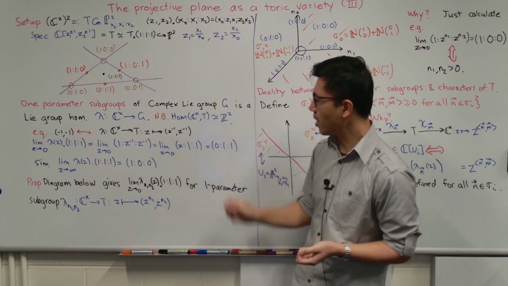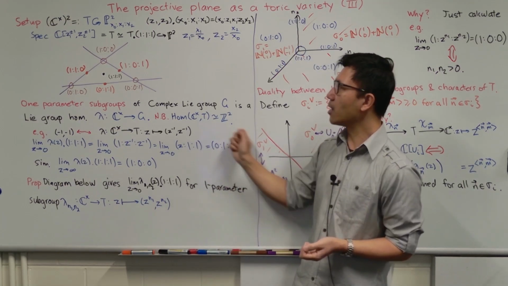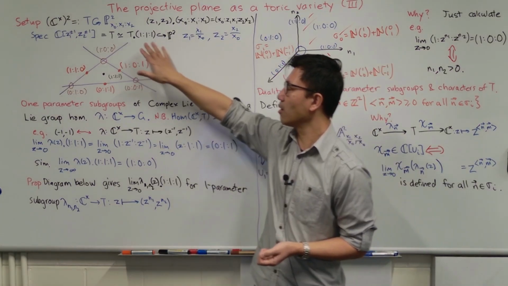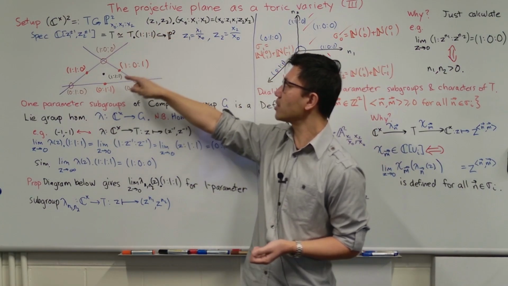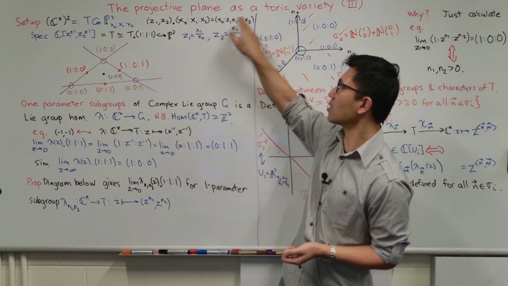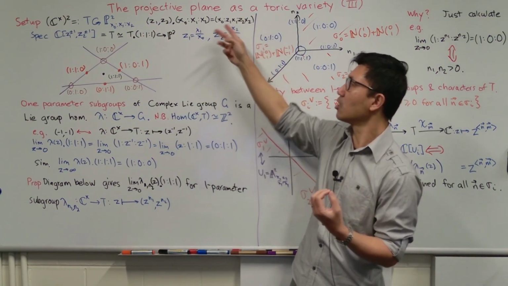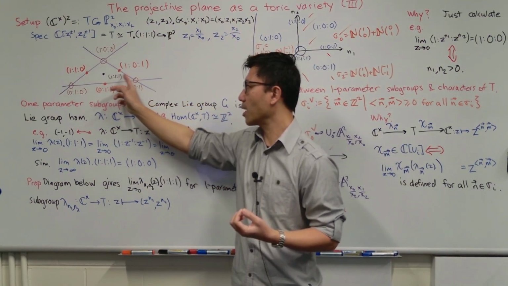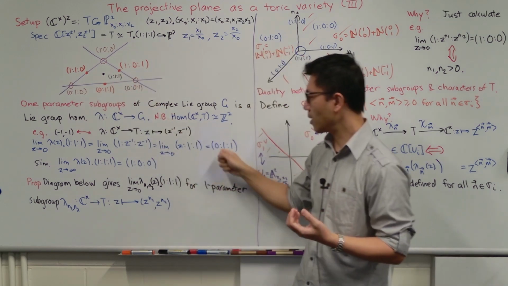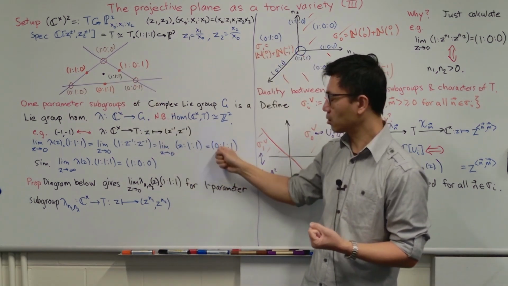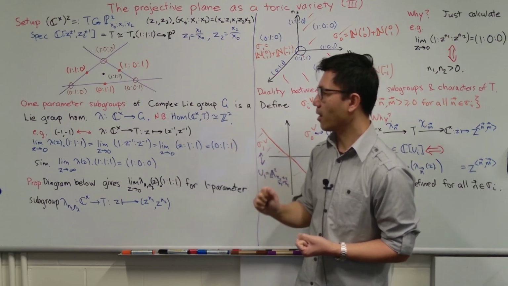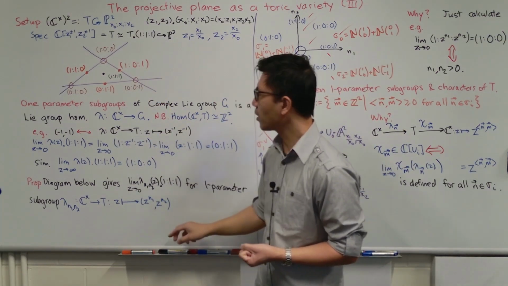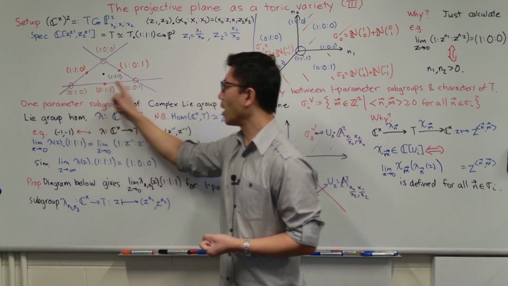That's rather nice, because this is not inside T, the copy of the torus inside P2. The copy of the torus inside here, you're just scaling these last two coordinates by non-zero scalars, so it's just where these three coordinates are all non-zero. Here, the first coordinate, the one corresponding to index 0, is 0, so this is not in there. If you have a little think about it, you look at this coordinate line.